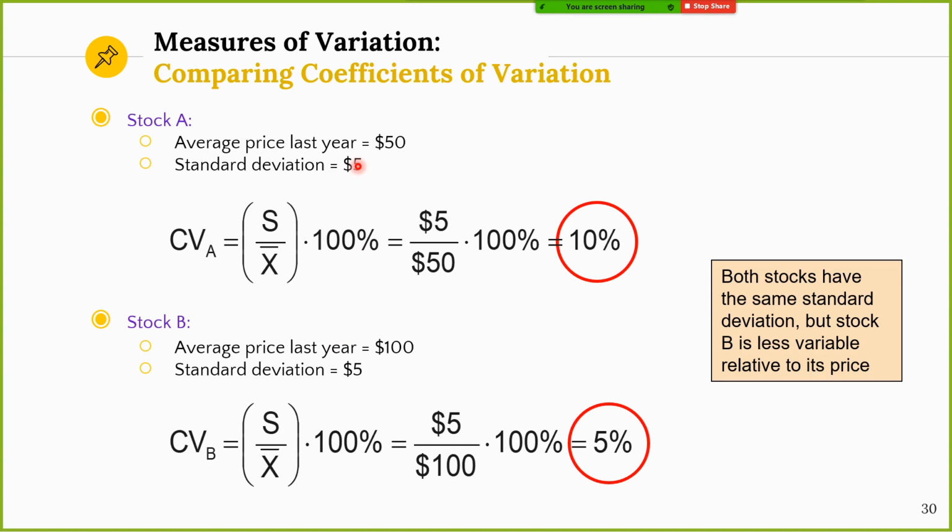Okay? Do you have any questions? Which is better, sir? Of course, the lower coefficient of variation. Right? The lower is better.